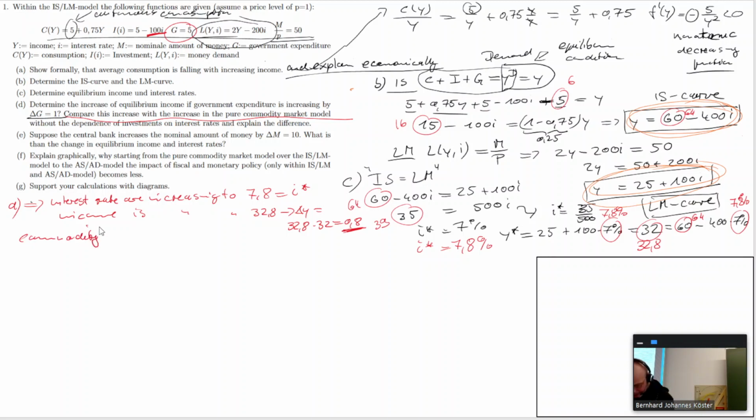In the commodity market, or pure commodity market, there we had the change in income caused by an increase of government expenditure as just 1 over 1 minus CY. This was the fiscal multiplier.